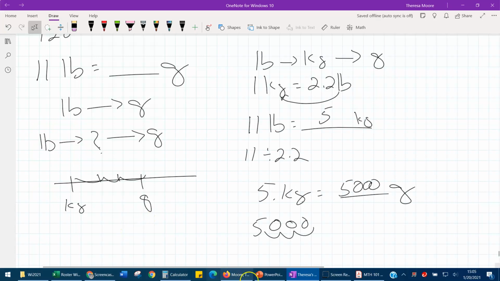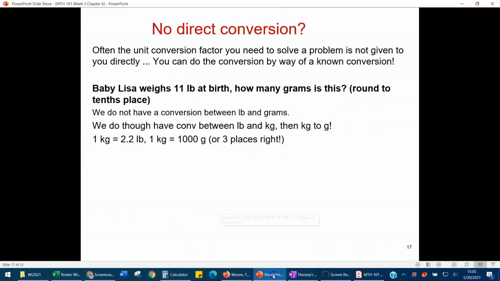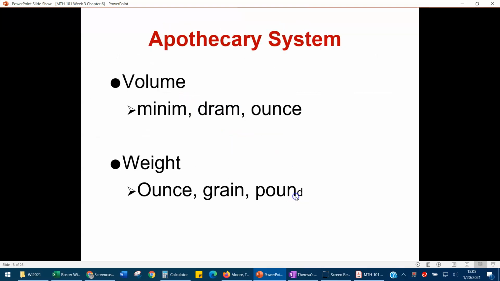So you have to look out for those. Sometimes you might need to do a double conversion. If there's no direct conversion from what you have to what you're converting to, you have to ask yourself, is there an in-between conversion? So I couldn't go from pounds directly to grams, but I went from pounds to kilograms to grams.